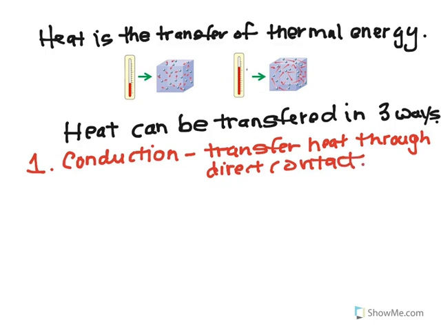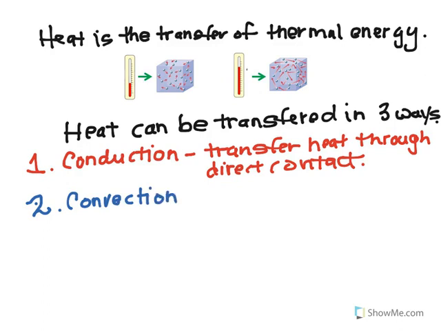I'm going to switch to blue. The second way that we can transfer heat is through convection. I'm going to show you some examples of each of these ways in the next slides that follow.